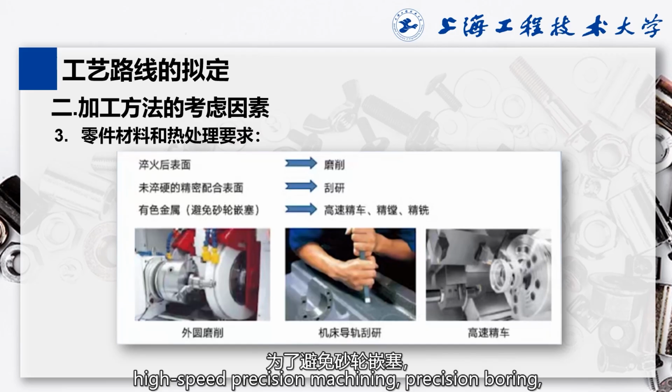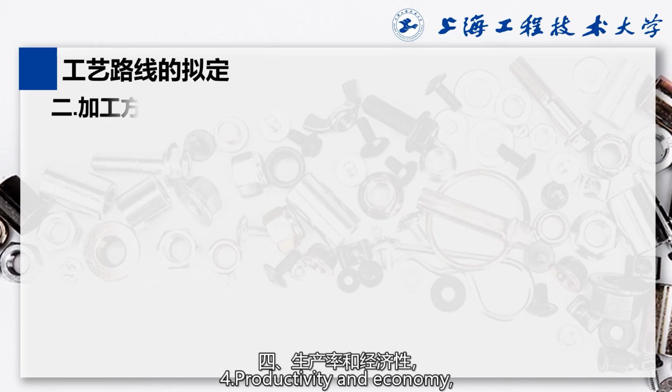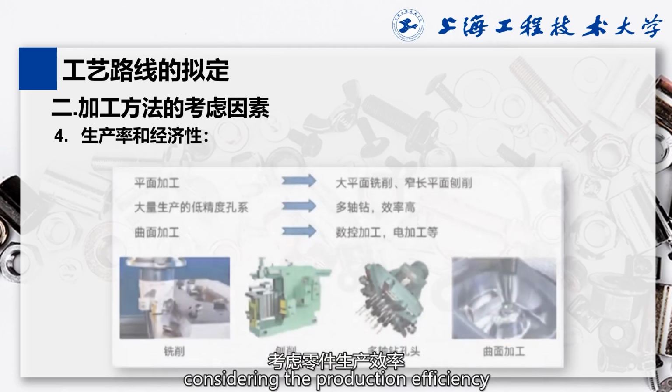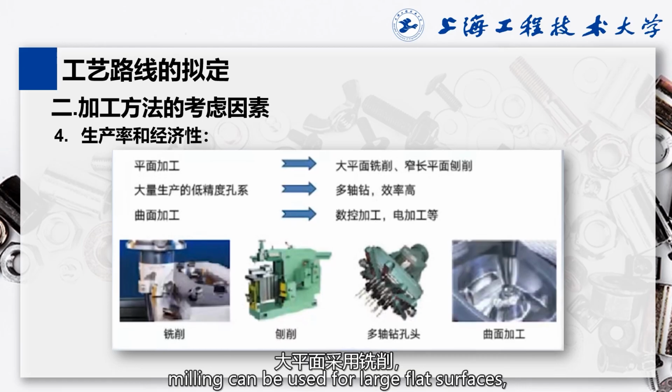High-speed precision turning, precision boring, and precision milling are used to avoid grinding while clogging. Fourth, productivity and economy. Considering the production efficiency and economy of parts, milling can be used for large flat surfaces.